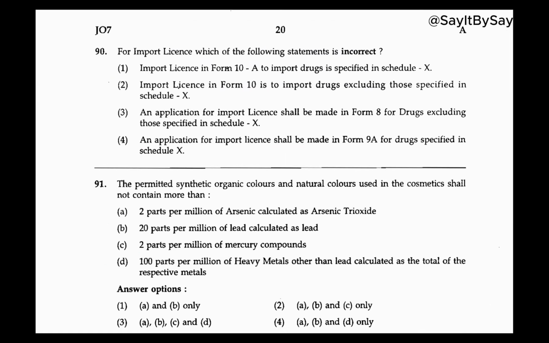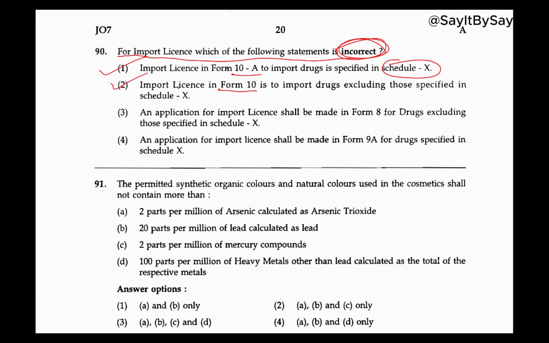Now, question number 90. For import license, which of the following statements are incorrect? 1. Import license in Form 10A is to import drugs specified in Schedule X. Correct आहे. Import license in Form 10 is to import drugs excluding those specified in Schedule X. Correct.